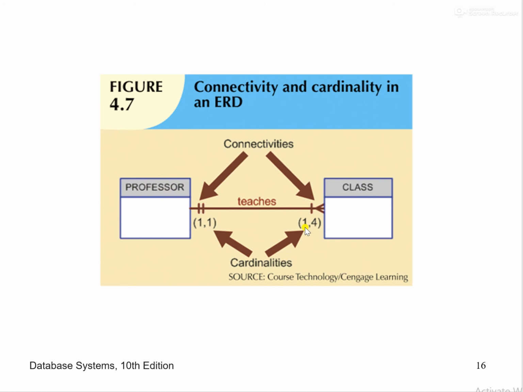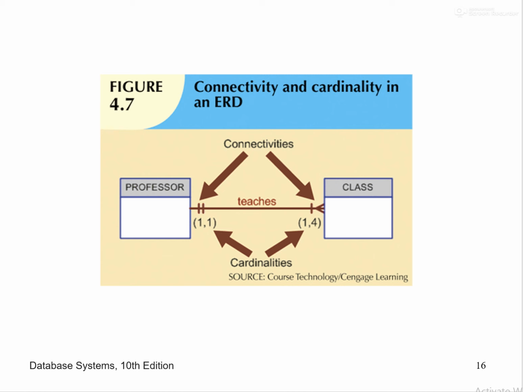That is the minimum and maximum occurrence of the entity class with respect to professor. And here we have 1,1: minimum is 1, maximum is 1. Each class is taught by a minimum of one professor and a maximum of one professor.